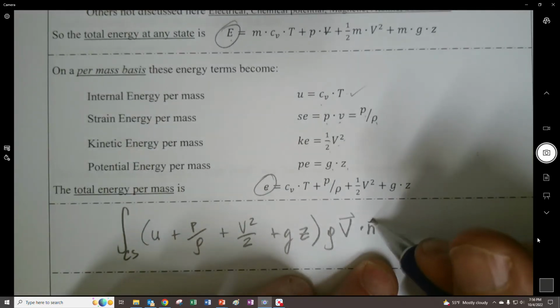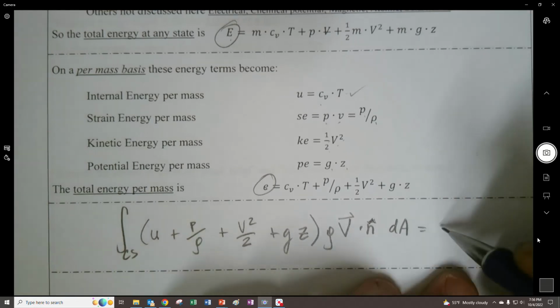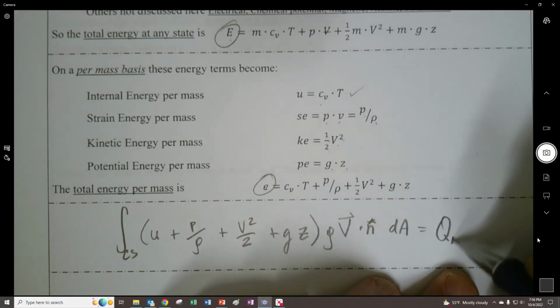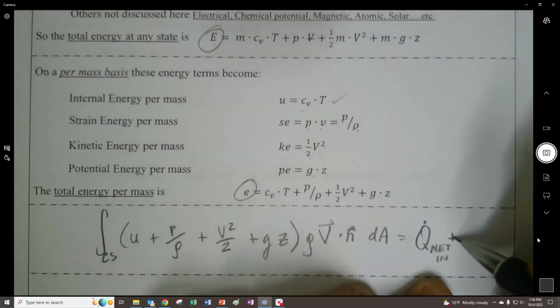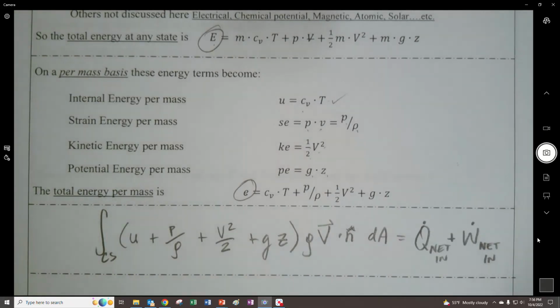Oh, this would be a hat because it's a unit vector. dA, equal to the Q net in, the rate of heat, and the W net, the rate of work net in.